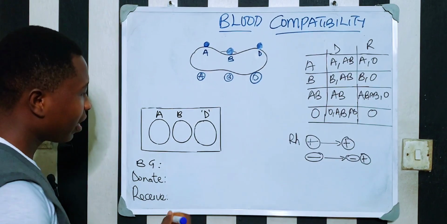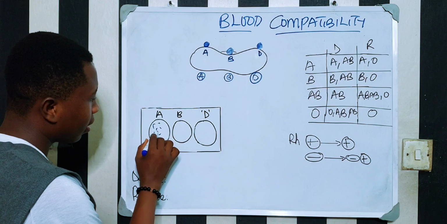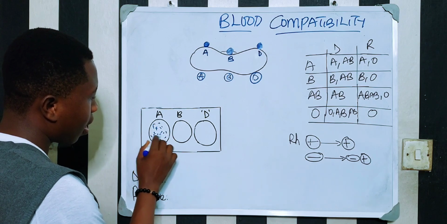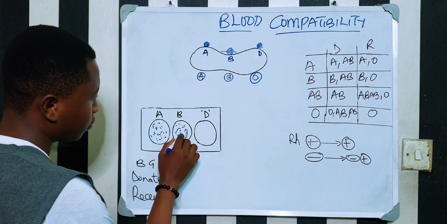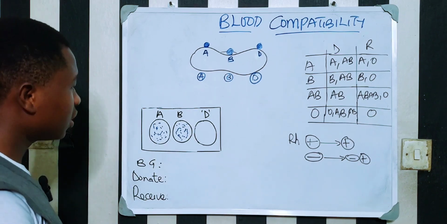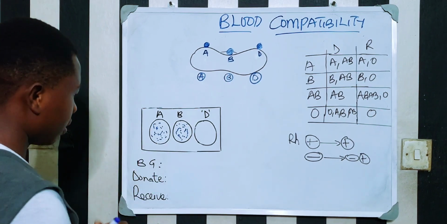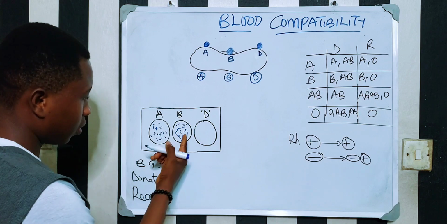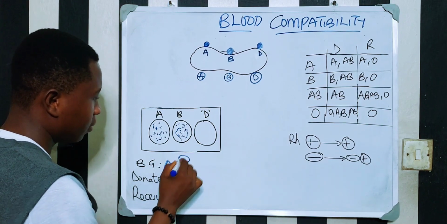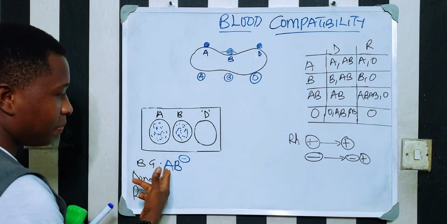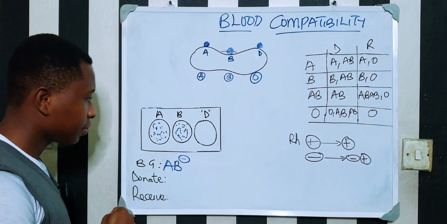Let's look at another scenario now. What if you have a clump on A and also on B? Okay, so what do you think this blood group will be? There's a clump here, so blood group A. There's also a clump here, B, but there is no clump here, negative. So the blood group is AB negative, right?